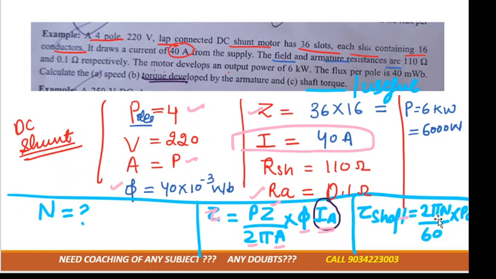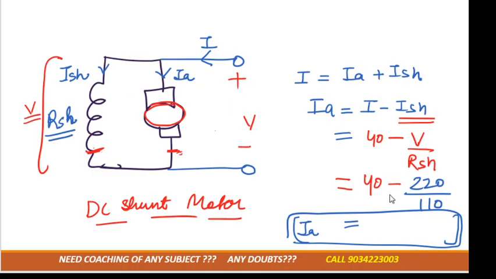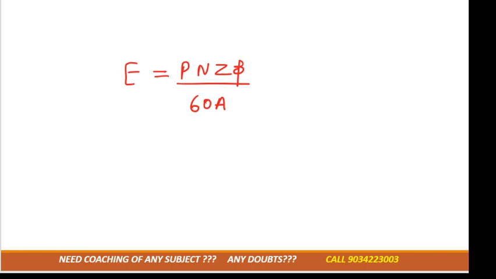We know 2, we know pi, we know P out, but N we don't know. If we get the value of N, then can we get the value of shaft torque also? So now our focus is to calculate N. We have the formula E is equal to PnZ phi by 60A. Yeah, the IA value was this one.